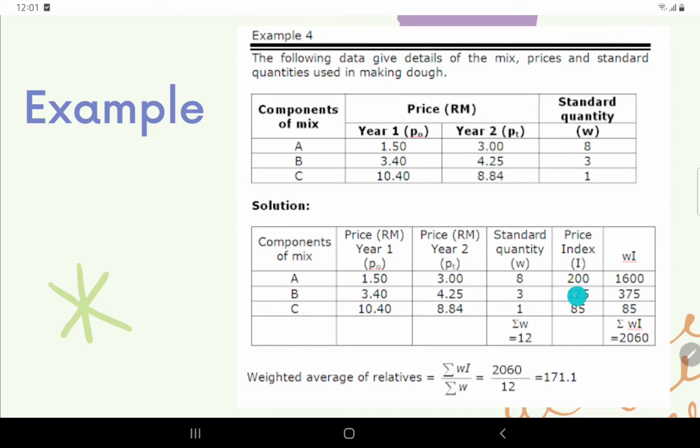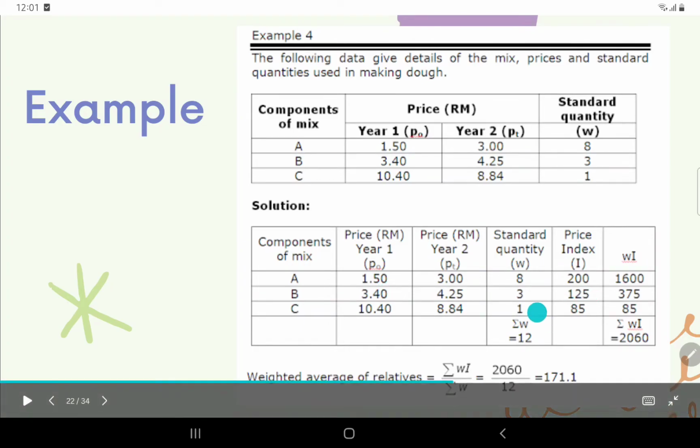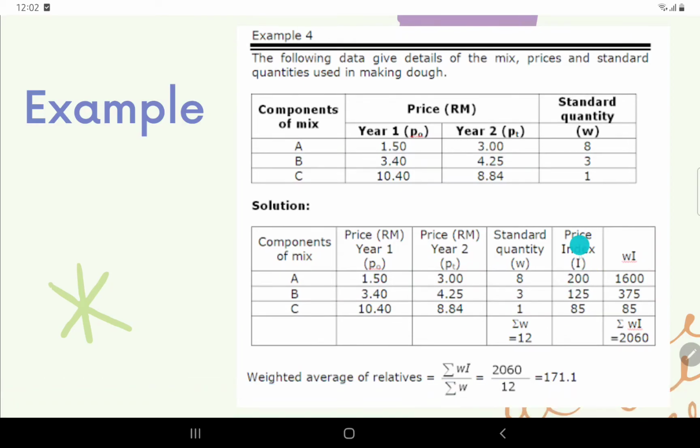Okay, so yang ni 4.25 divided by 3.4 times with 100, and we will get 125. And then 8.84 divided by 10.40 times 100, so we will get 85. Okay, so this is our I index, price index.